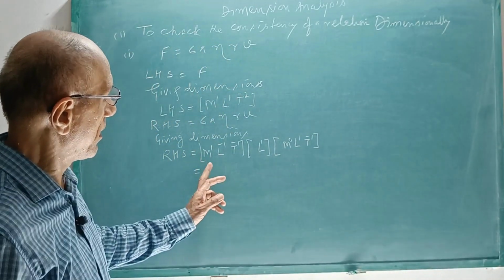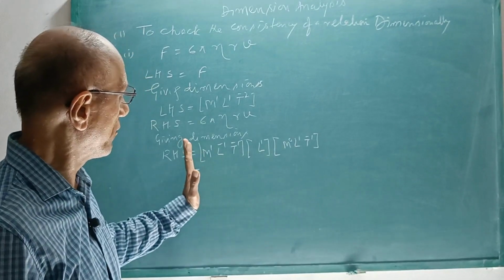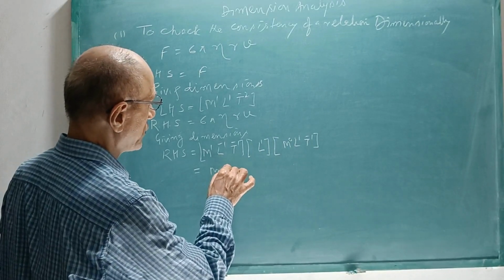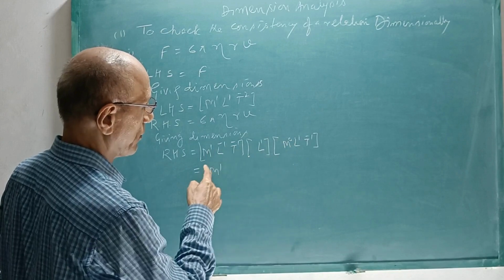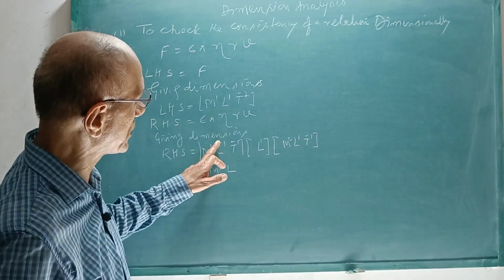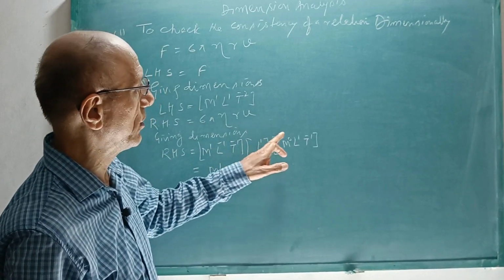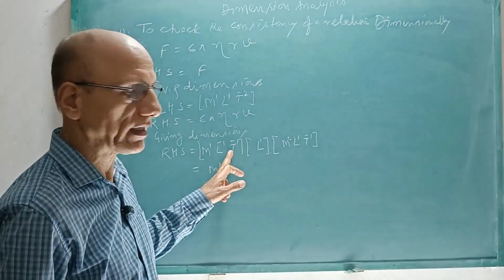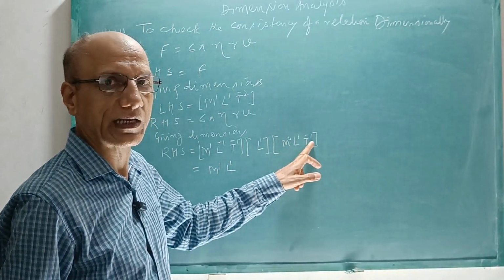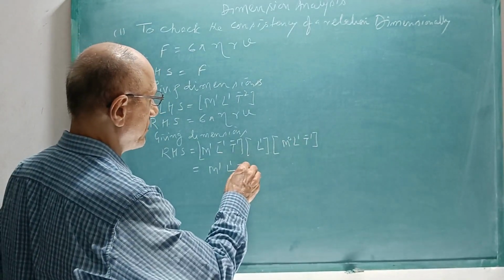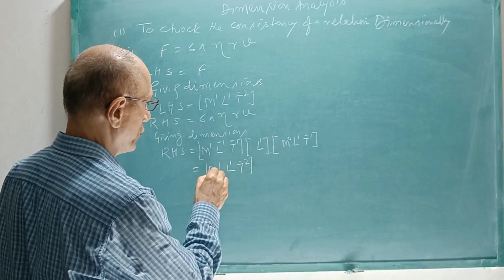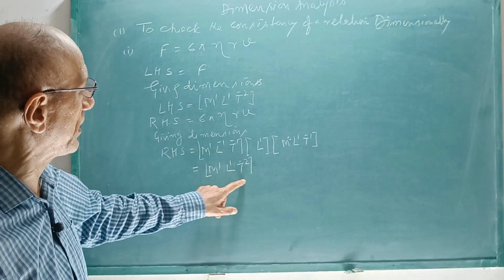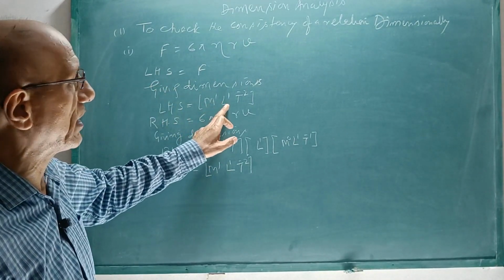According to the law of indices, when these are multiplied, the powers are added. That means M raised to power 1 plus 0 remains 1. Then L raised to power minus 1 plus 1 is 0, and then plus 1 is 1. And T raised to power minus 1, and here also T raised to power minus 1, so minus 1 becomes minus 2. So this is the RHS, that is M1 L1 T minus 2, and left hand side was M1 L1 T minus 2.